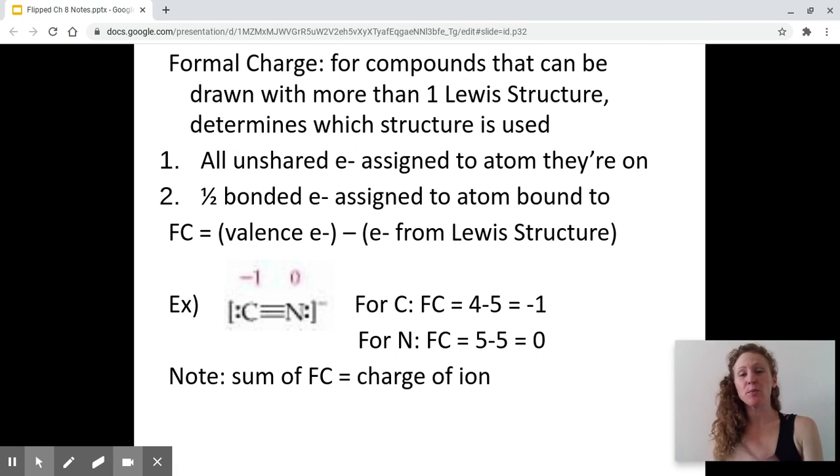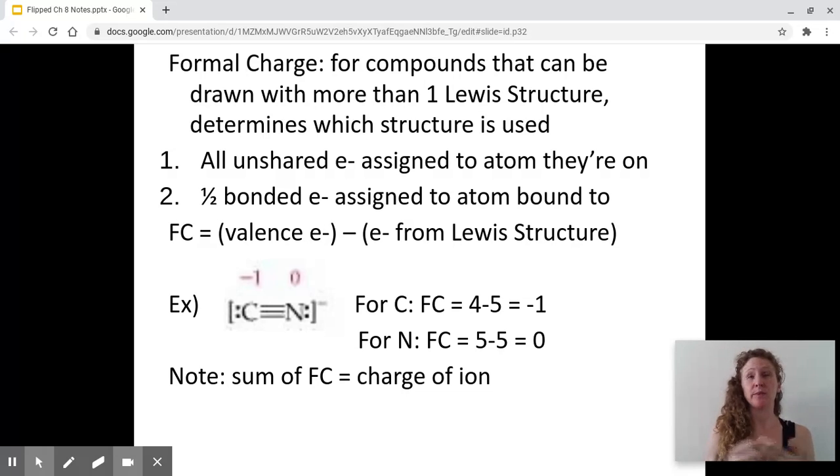We're going to talk about just a couple more details and then we will be done with this chapter. The first one is a topic we were talking about when discussing the localized electron model. Sometimes you can use the Lewis dot structure rules and come up with a couple of different compounds that can satisfy the octet rule in different ways.